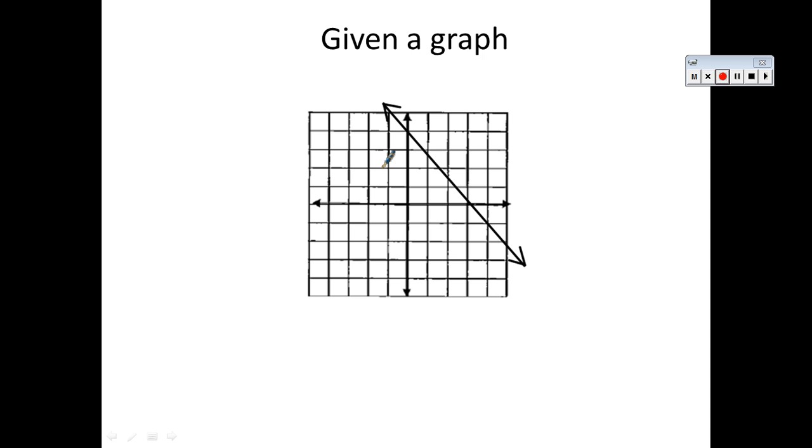My rise ends up being going down 4. My run, 1, 2, 3. I ran 3. So my rise down 4 over my run, which is 3. So my slope, or my rate of change, is negative 4 over 3.